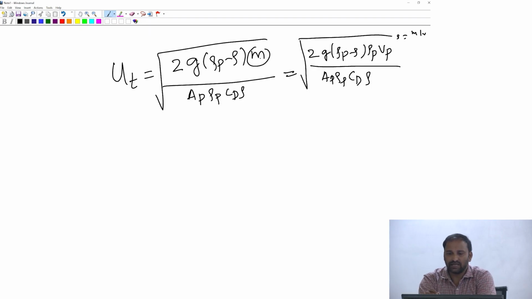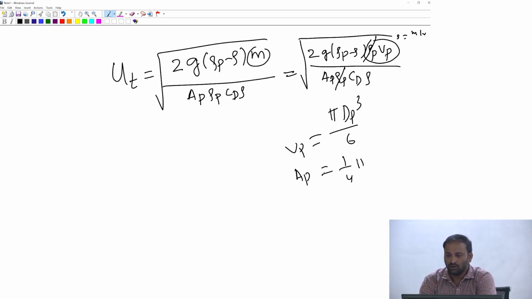So I can actually write m in terms of the density of the particle and the volume of the particle, right? I can do that. So therefore this rho p gets cancelled, okay. Now of course I can express Vp in terms of the particle dimension, right? Pi dp cube by 6 is your volume of the particle, right? And of course I can substitute for AP to be 1 over 4 pi dp square, right?